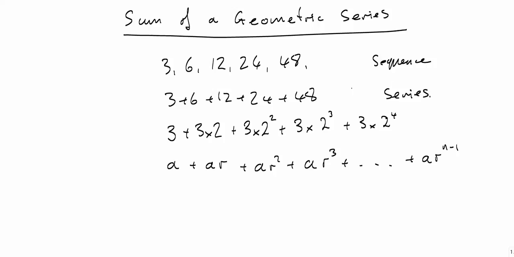If you remember, the number of the term is always 1 more than the number in the power. Here, 3 times 2 to the 4, that's the fifth term, and 4 is 1 less than 5.